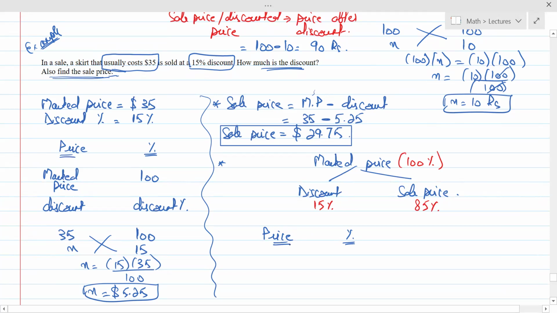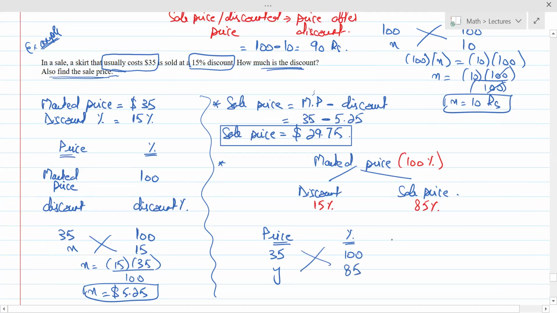So first row of values is always the mark price against 100. So mark price is 35 against 100. And now sale price is something we need to find. So we are keeping this as Y. And sale price represents the 85% of the value.